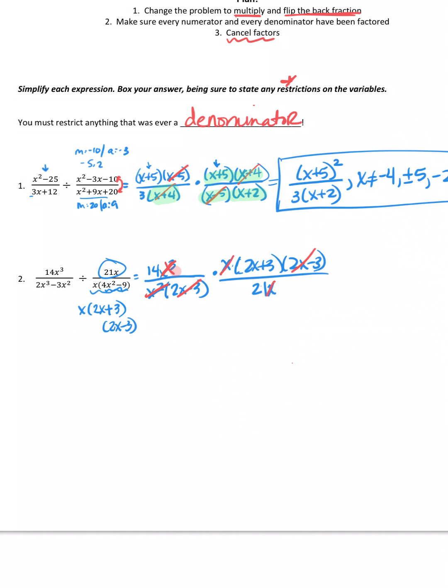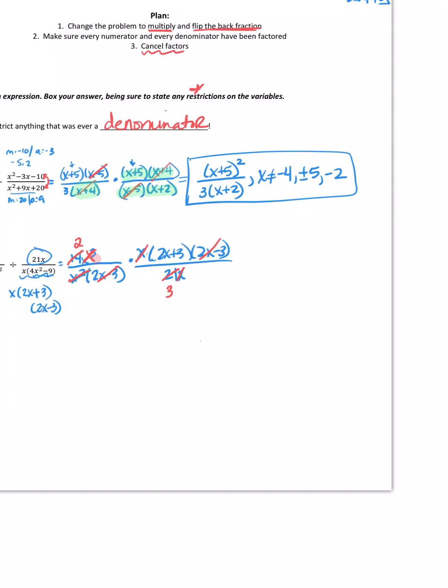Those go away. 14 and 21 are both divisible by 7, so I'm going to reduce. This becomes a 2, this becomes a 3. All right, let's group all of this back up and see what's left over for our answer. I'll have 2 times 2x plus 3 over, in the denominator, just a 3.